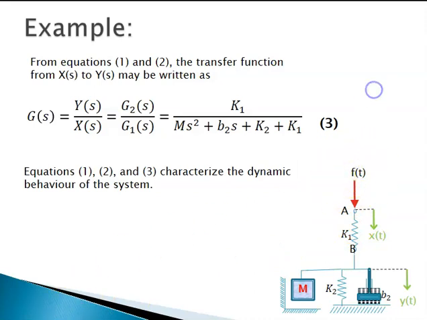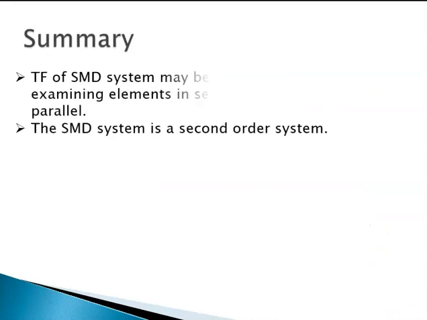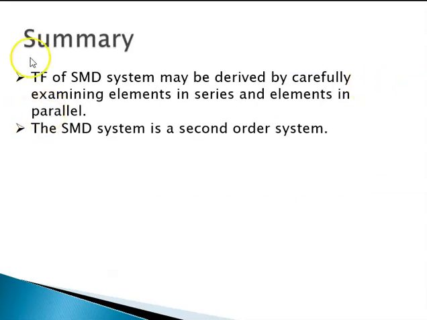With that, we may give a summary of this video as shown here. The transfer function of a spring-mass-damper system may be derived by carefully examining the elements in series and elements in parallel. Each mass contributes an ms square impedance. Each damper contributes a bs term.